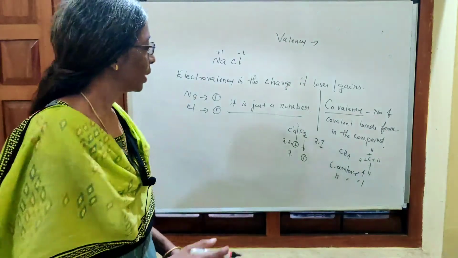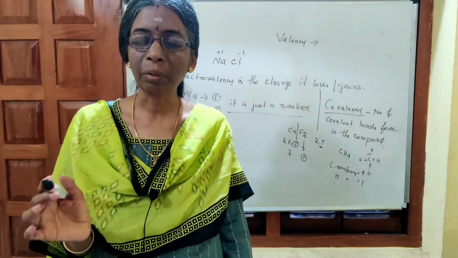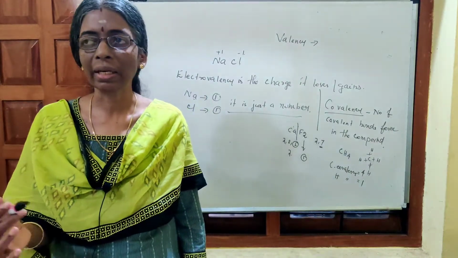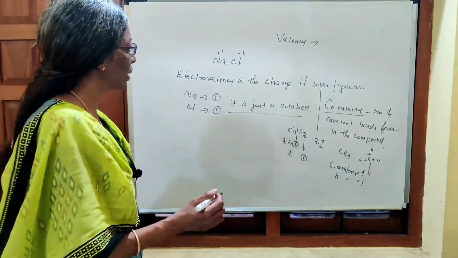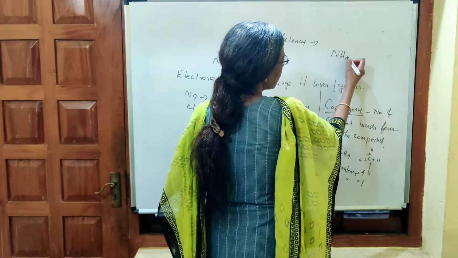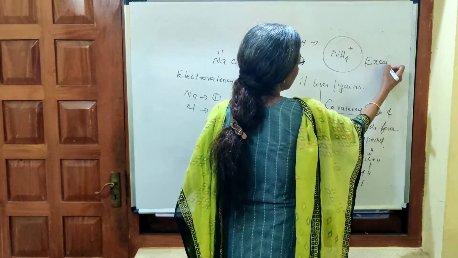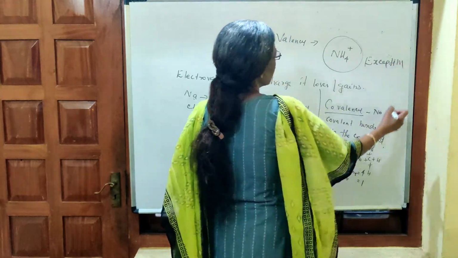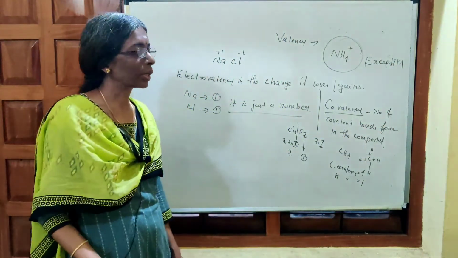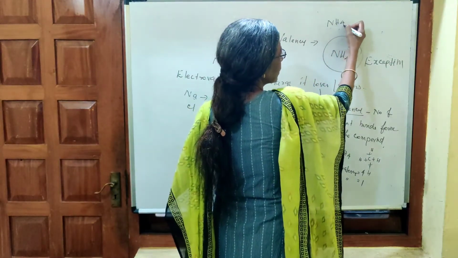Okay, one point. Normally we studied that an ionic bond is formed between a highly electropositive element and an electronegative element. One exception is there, NH4 plus. There are so many compounds formed by NH4 plus. For example, NH4Cl.